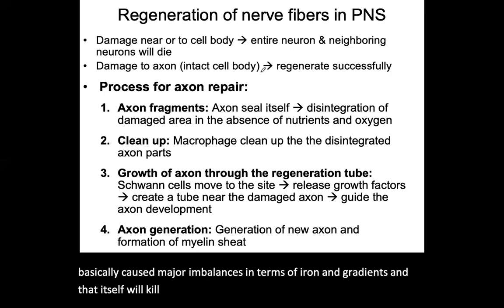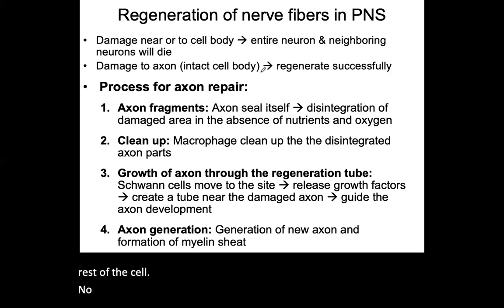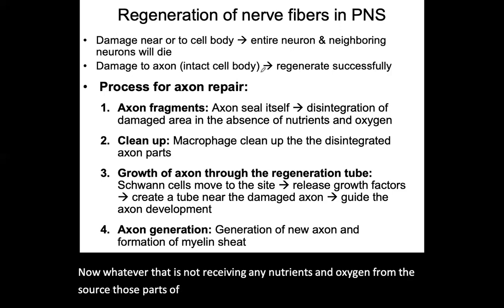So the axon needs to seal itself to protect the rest of the cell. Now, whatever part is not receiving any nutrients and oxygen from the source, those parts of the neuron will start to get destroyed and degraded.